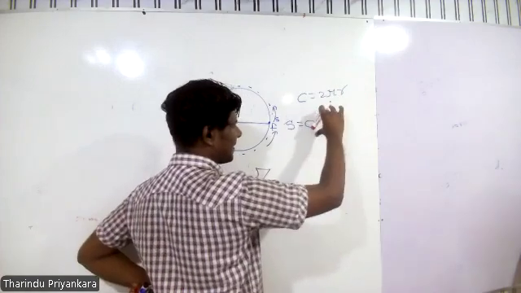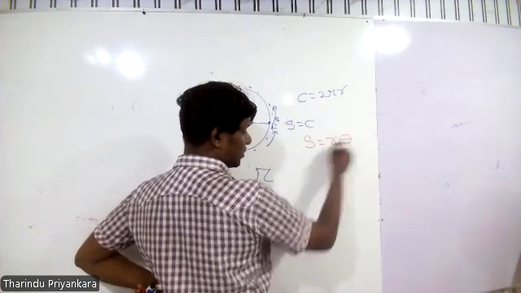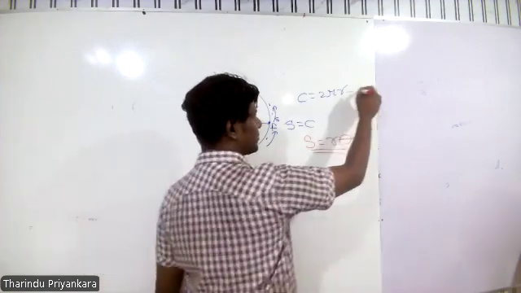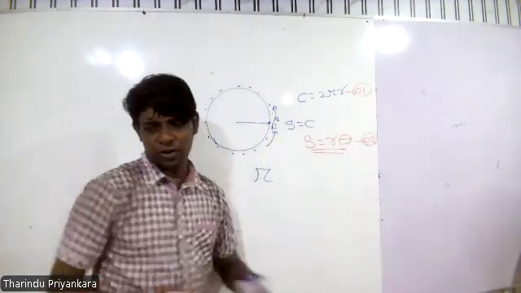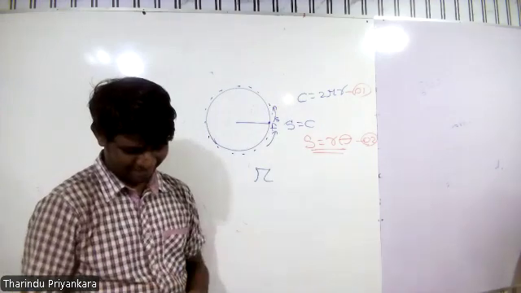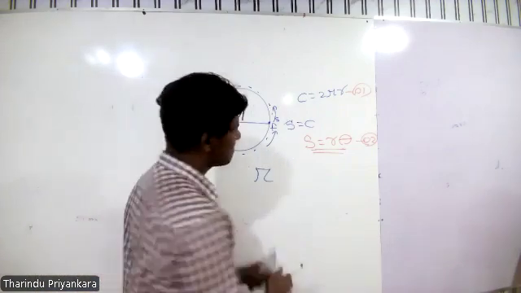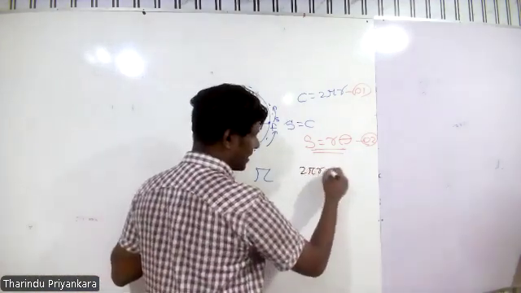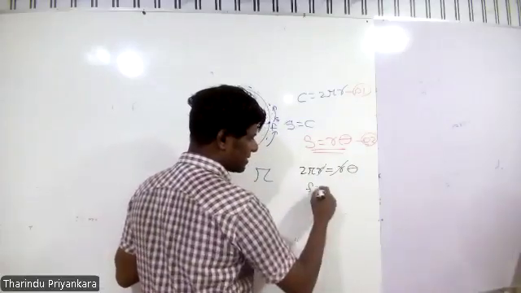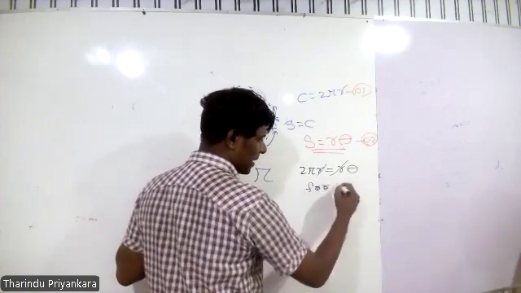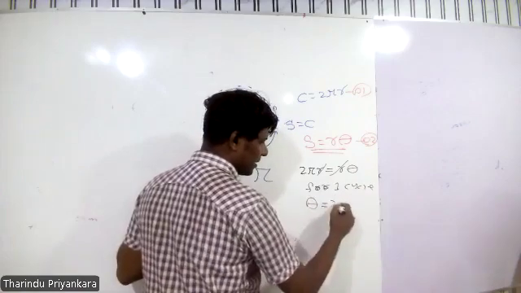Now have a look. We know another thing: S equals r theta from today's knowledge. This is from grade 10 knowledge, and this is from today's knowledge. You are going to link these two together, grade 10 and grade 12. 2 pi r equals r theta for one cycle. For one cycle, theta equals 2 pi.